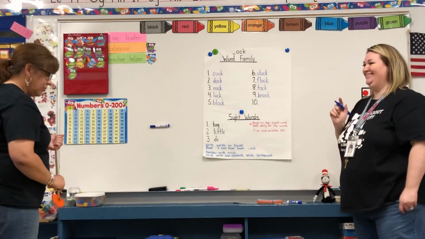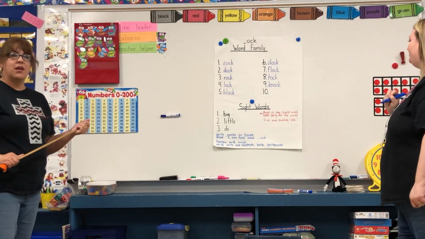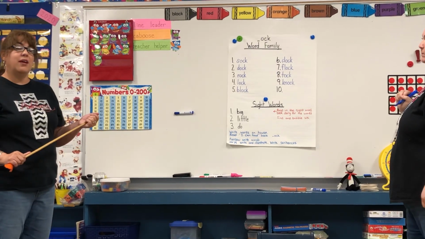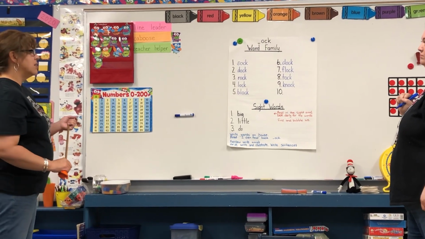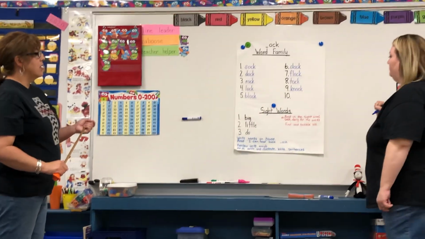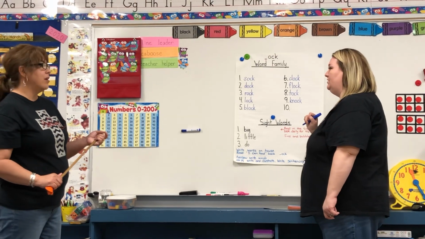All right, and our last one. Our last word is, if I have ock and I put st in front of it, my word is stock. Okay, stock. What letter do we hear in the front?